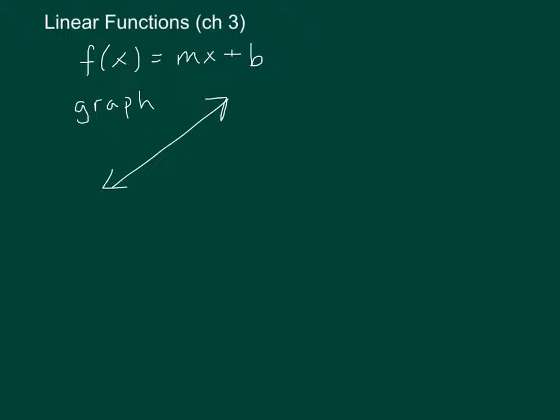And then we solved equations like 3x plus 2 is equal to 2 times parenthesis x minus 1. That was a linear equation, and we solved it using what we called inverse operations.